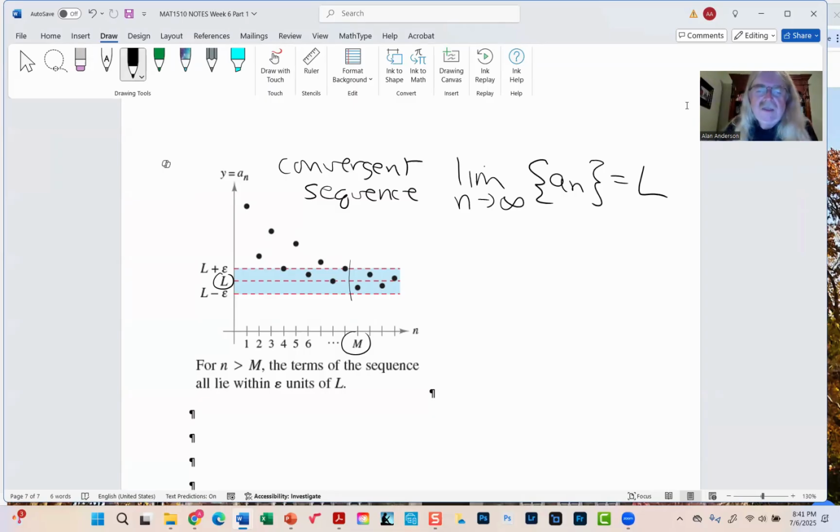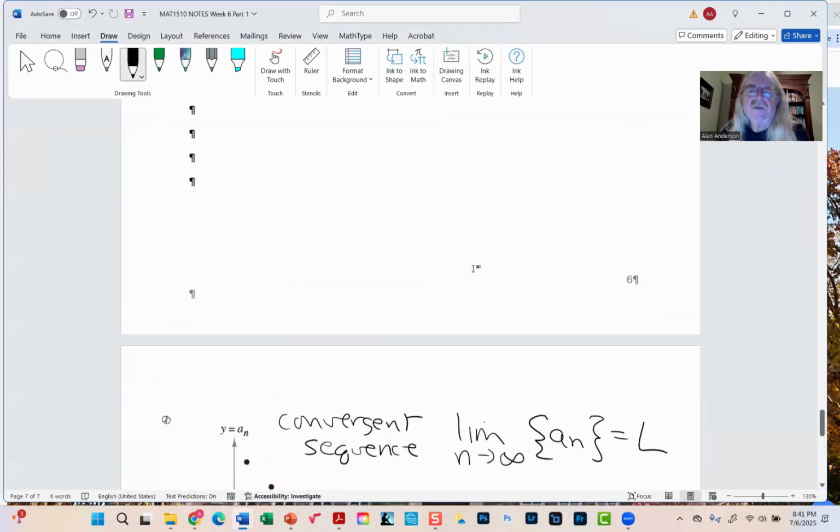All right. So that's what convergence actually represents. There's a limit for the sequence, and whatever it is, it exists, and therefore this sequence is said to be convergent.